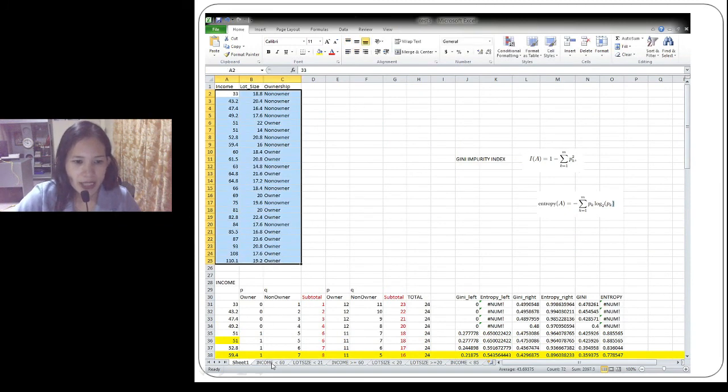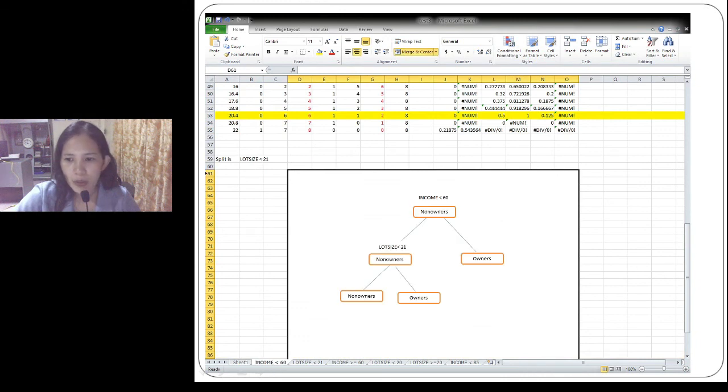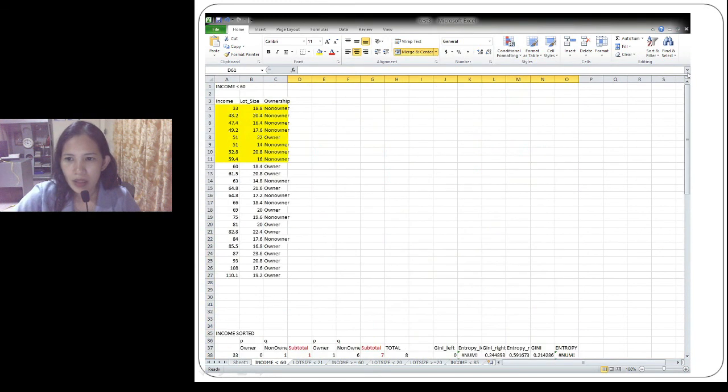In the next sheet, we show here that this is our data set. From this data set, we only use the records whose income is less than 60, and these are highlighted in yellow. So we have to find again the next node, whether it's income or lot size, and its value.